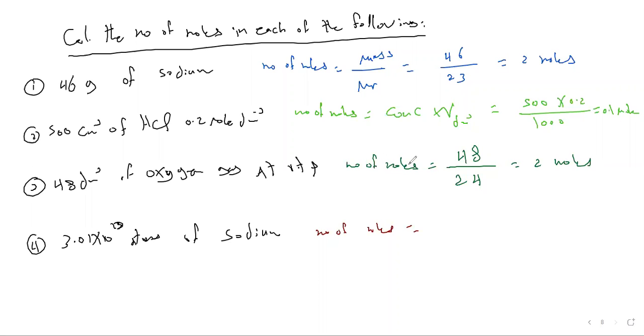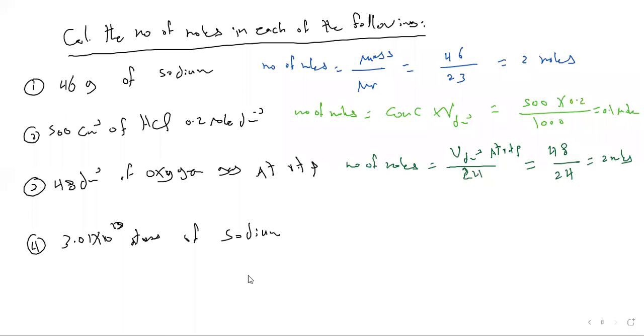For the laws here, the number of moles is equal to volume in decimeter cubed at RTP over 24, so 48 over 24, which equals 2 moles.